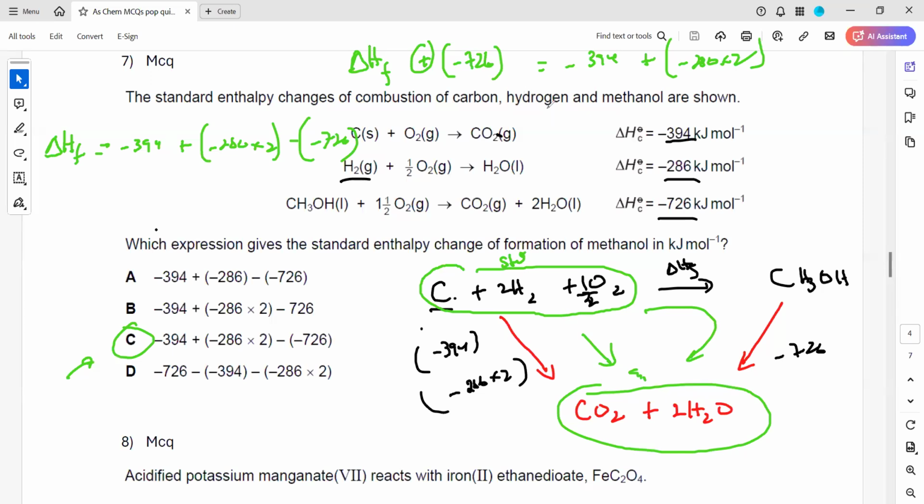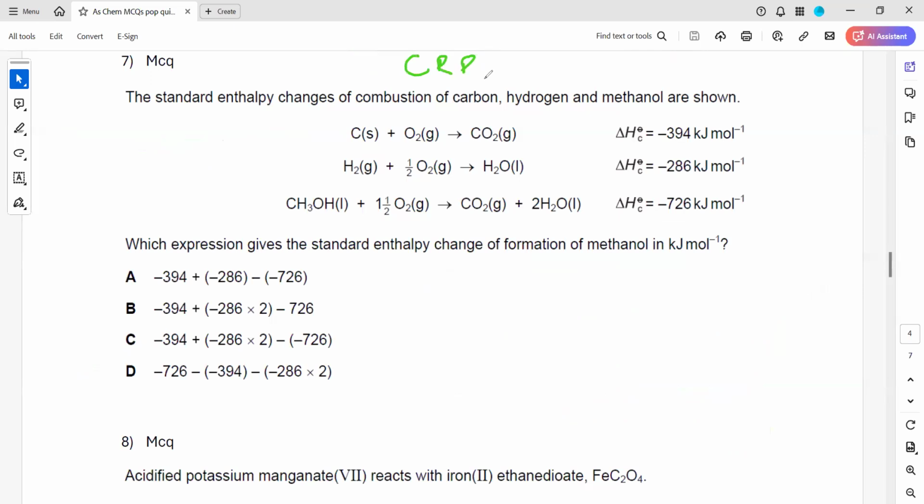There's another way. As I explained to you, this is the Hess law. When I burn them, I'll get a combined product. There's also another way, which is CRP. If a combustion is written, it will be the reactant. So when the combustion is given, when we are burning a substance, it will be the reactant minus the product.